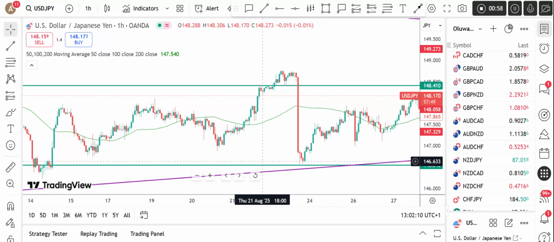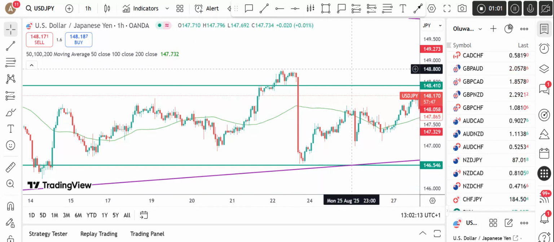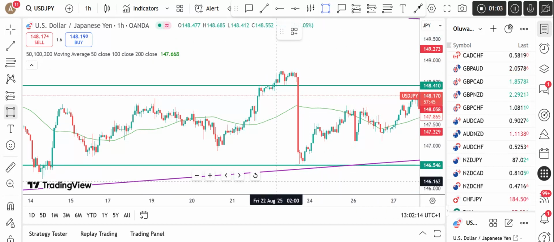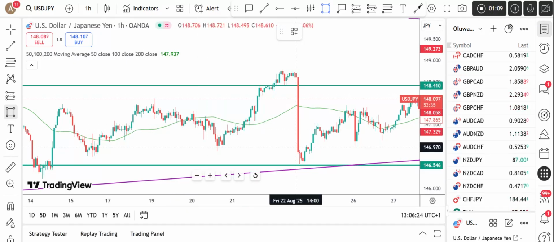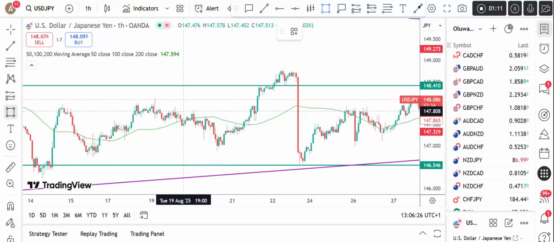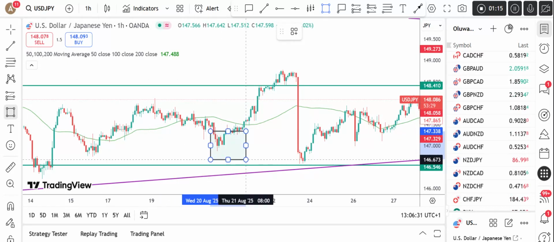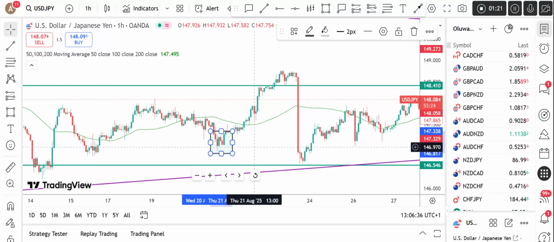What do I mean by that? We can see from here that we have a bullish engulfing candlestick. Here is an example of a bullish engulfing candlestick, from where I circled.